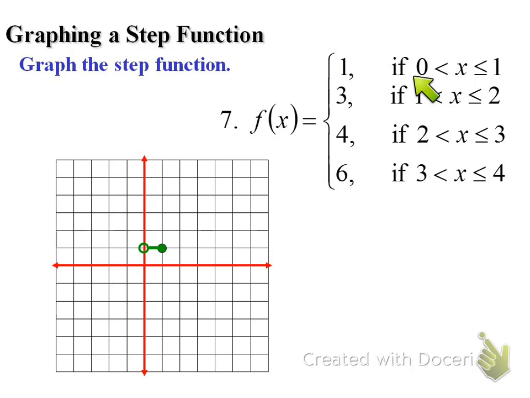However, we want that line to start at 0 and end at 1, including the 1, not including the 0. So x equals 0 is right here. We don't want to include it, so I use an open circle. We do want to include the 1, so I use a closed circle. And again, I'm just focusing on the line y equals 1.